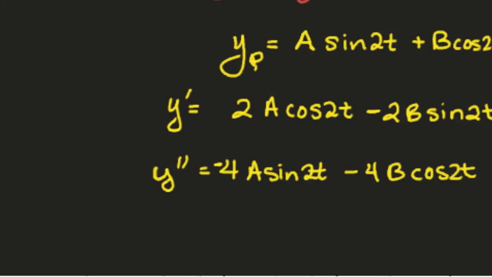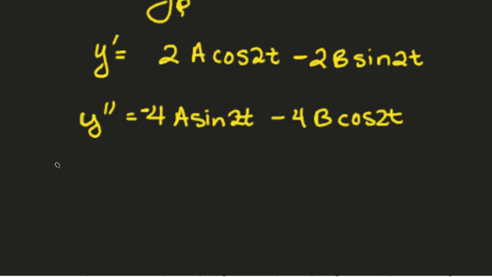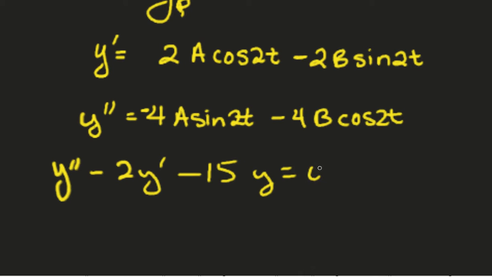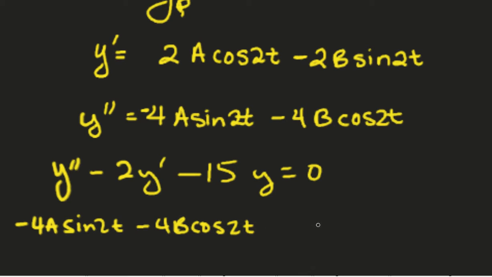Then we plug into our differential equation. If you remember, the differential equation was y double prime minus 2y prime minus 15y equals 0. So if I plug in here, I'm going to get negative 4a sine 2t minus 4b cosine 2t. That was the second derivative.